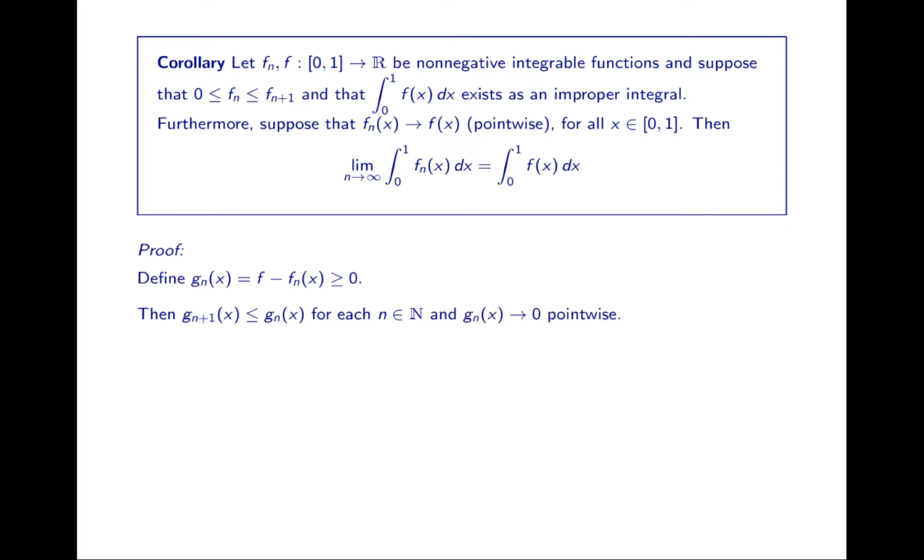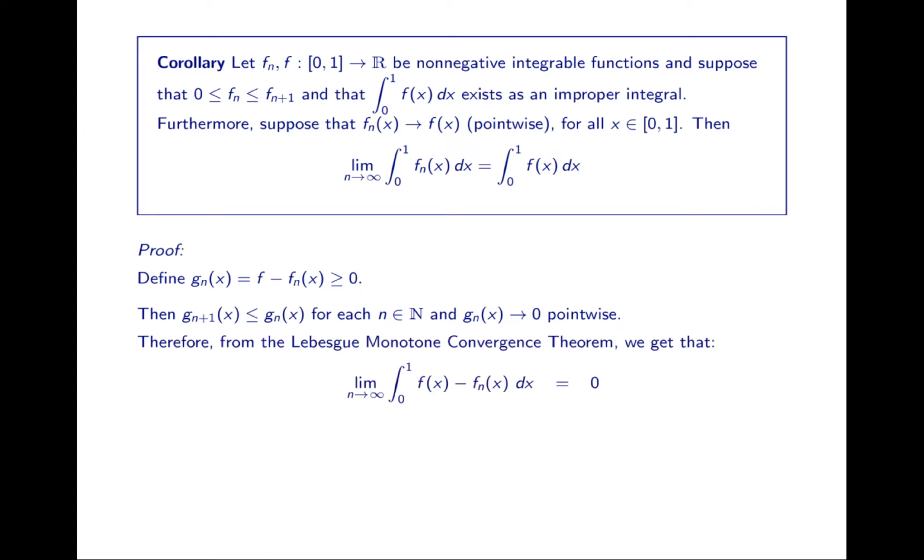And of course that difference converges to 0 pointwise because fn converges to f pointwise. So by just applying the Lebesgue monotone convergence theorem, we get that the difference when integrated from 0 to 1 converges to 0 as n goes to infinity. We can expand that integral and we get the result that we're seeking.